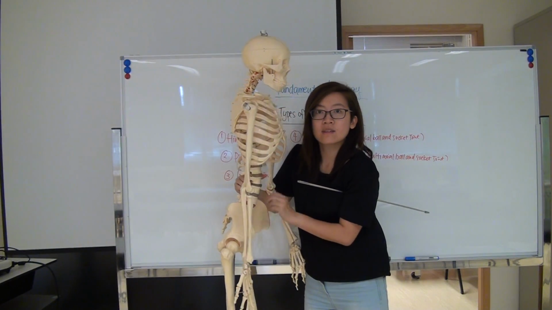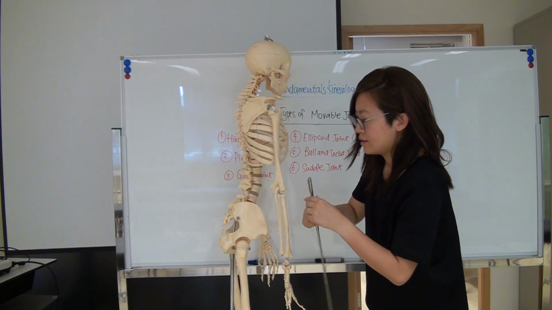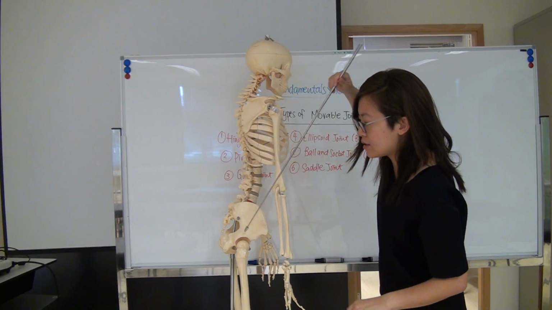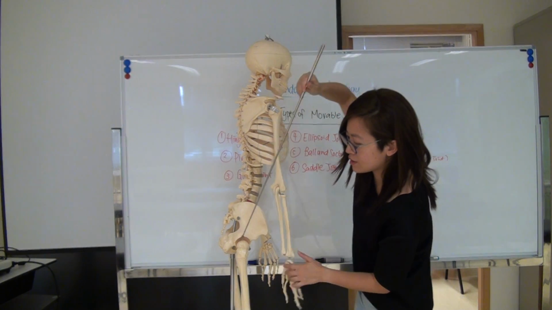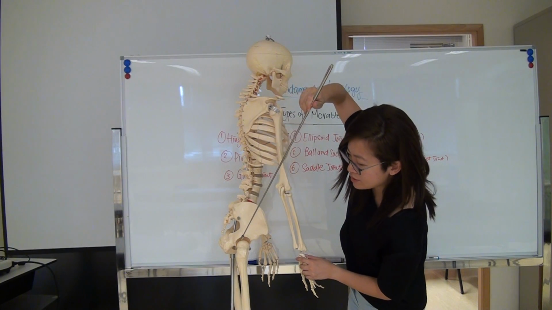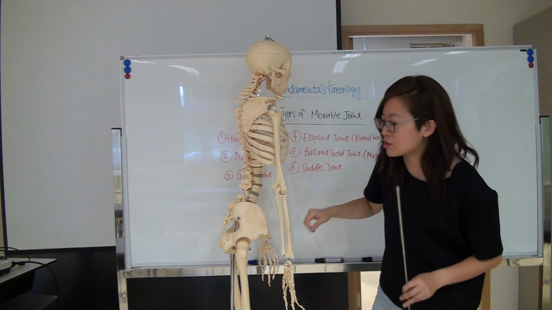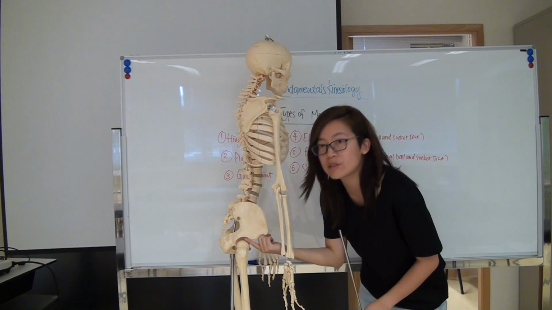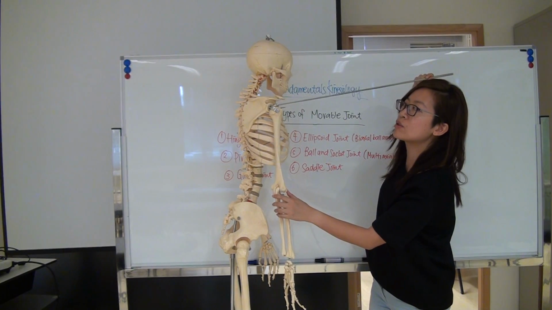And so this is the hip joint. This is also a ball and socket joint. You can see this is the ball and this is the socket. But you can see that the socket of the hip is deeper than the socket of the shoulder.